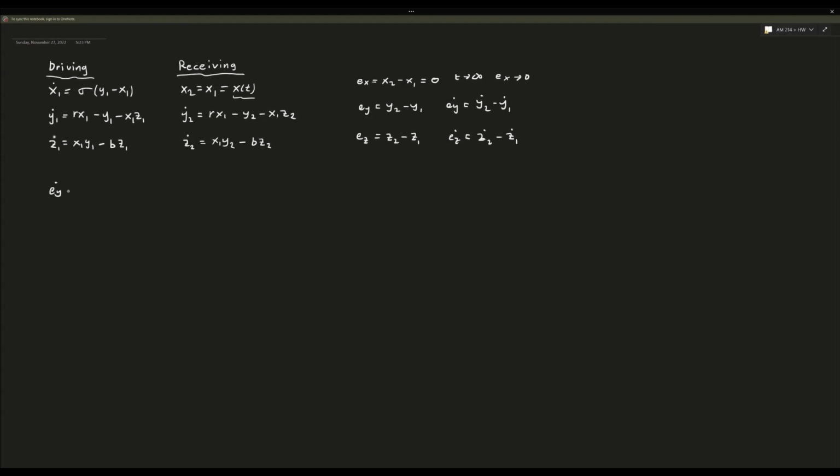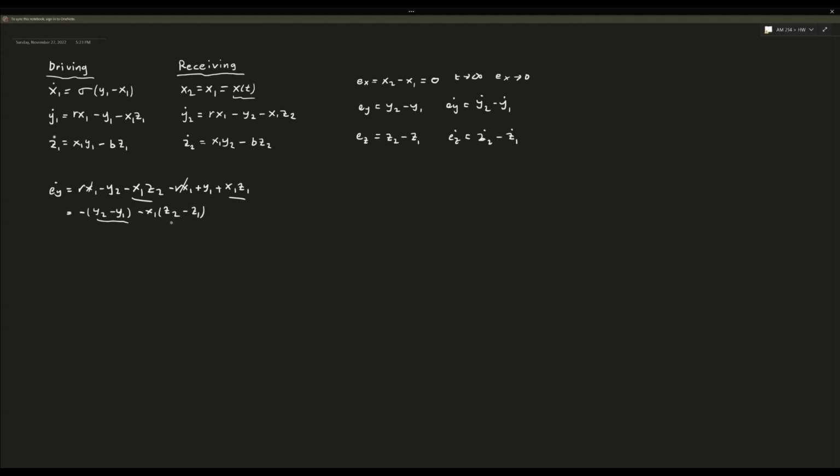And so if we write these out, taking the y2 dot, x1 times r minus z2 minus y2, and then subtracting our y1 dot, so we'll have minus r minus x1 z1 plus y1, our x1 r terms here are opposite, so we can cross those out, and then we will combine this minus y2 minus y1, and then we'll combine the x1 terms here, so we'll have actually minus x1 times z2 minus z1.